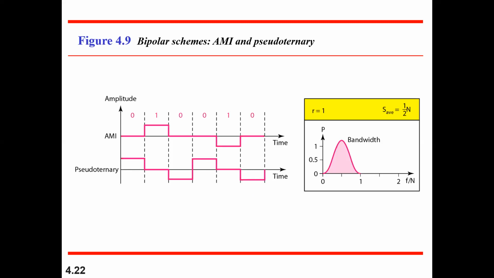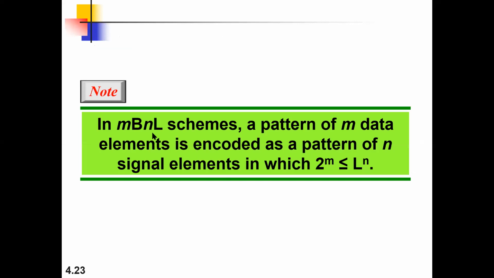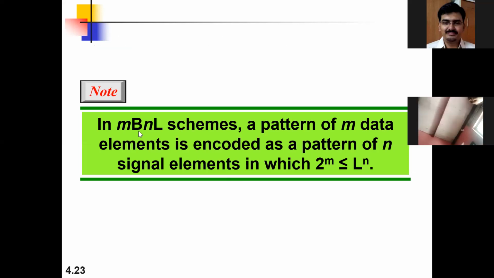So all the schemes we have addressed. This is with respect to your levels, as well as the number of data elements and signal elements that you have. In terms of bandwidth B, m data elements tell how many bits you can transmit.